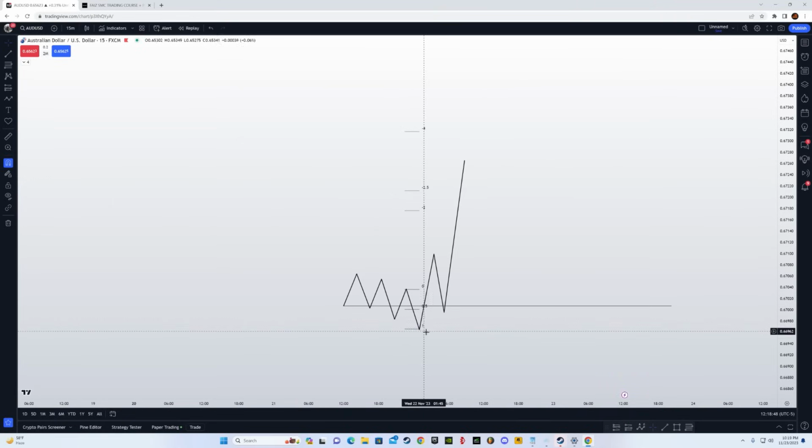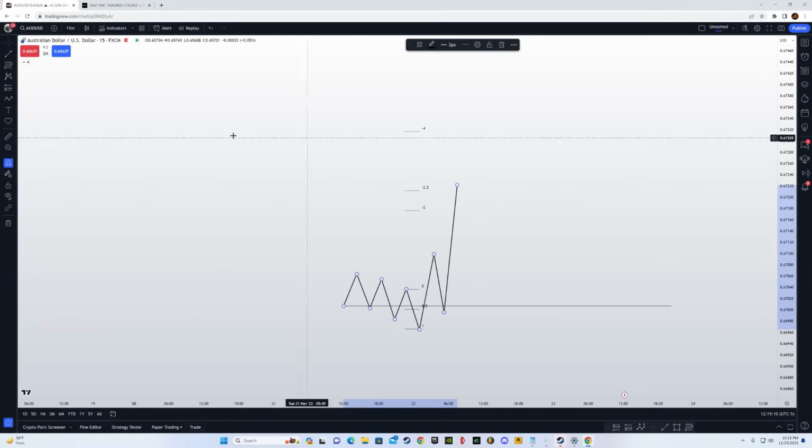So over here, we had a shift in the market structure, right? And now we are projecting the manipulation move. So here, the manipulation move can either end just above -2, it can end above -2.5, or it could go even further to -4. But mostly it's going to be somewhere around here.